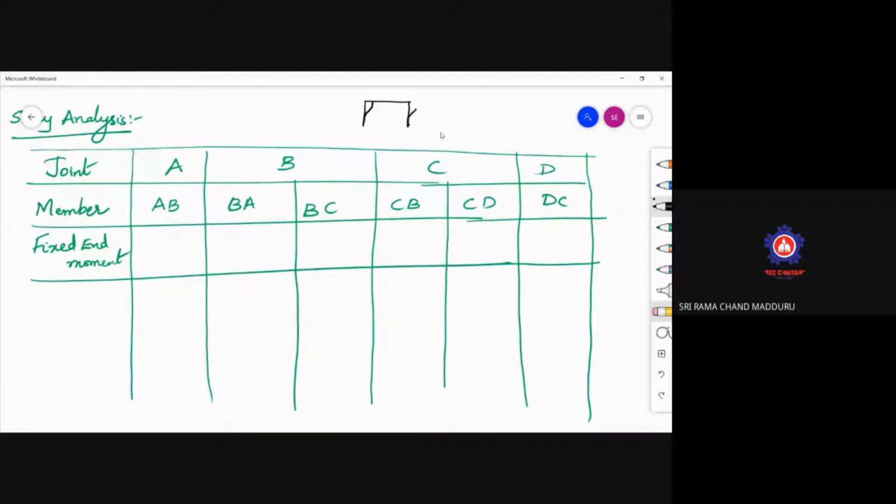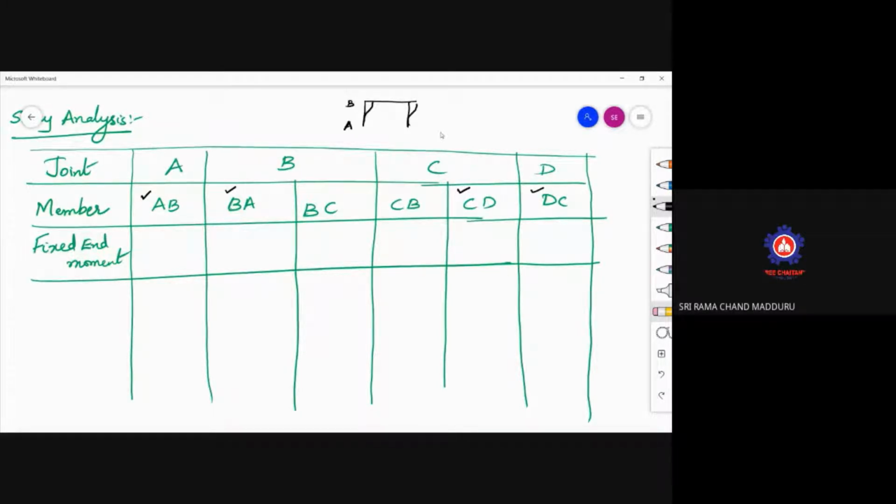So the sway will occur in the column moments. AB is a column moment, BA is a column moment. These two are considered the column moments, whereas CD as well as DC are also column moments. This is very, very important.